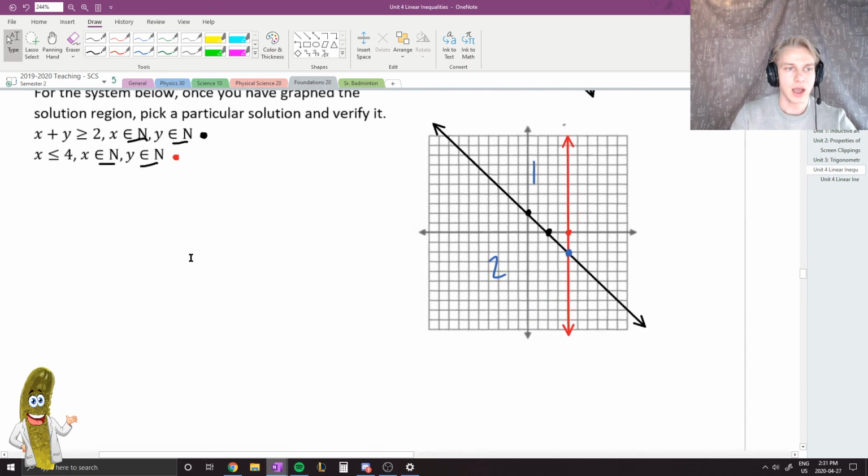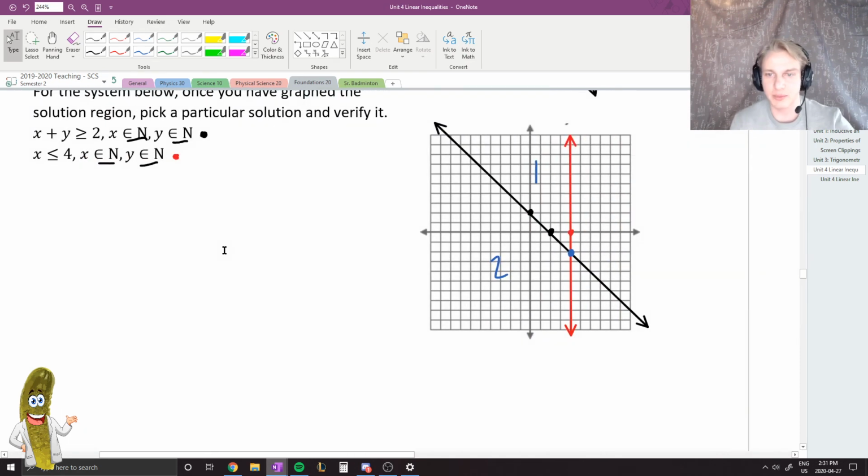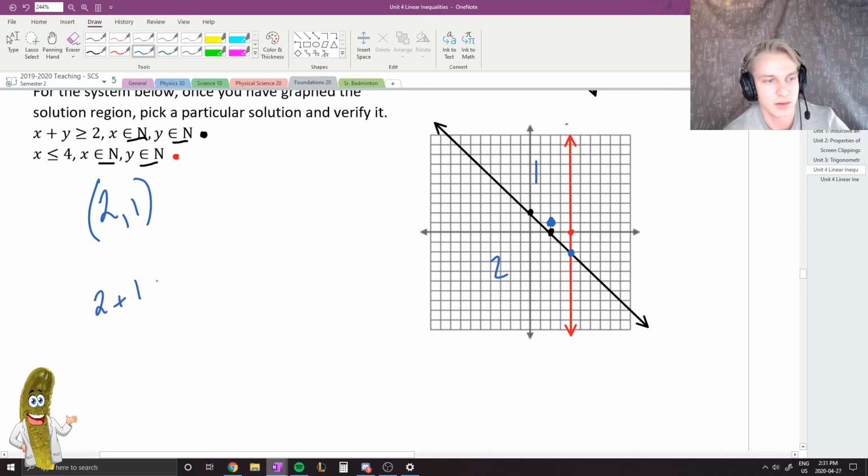And so I will do so by checking and picking a point. I am going to choose this blue point right here. That blue point is the point 2 comma 1. X value of 2, y value of 1, and we're going to test it by plugging it into this first equation here. So we're going to see that 2 plus 1, is that greater than or equal to 2? 3 is in fact greater than or equal to 2.